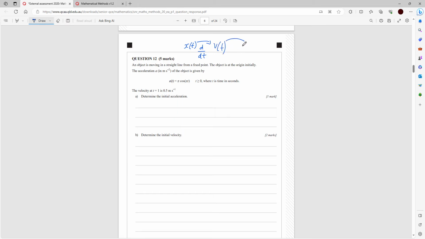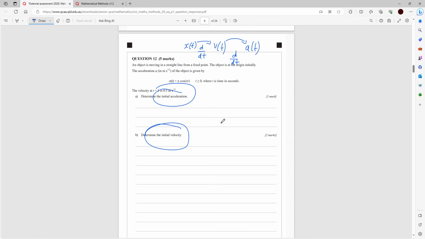If you differentiate that with respect to time, you get acceleration. So if we're looking for anything to do with velocity, we need to do the opposite of differentiation and go backwards. We might need to do it here, because we're looking for an equation of velocity because we're looking for an initial velocity.